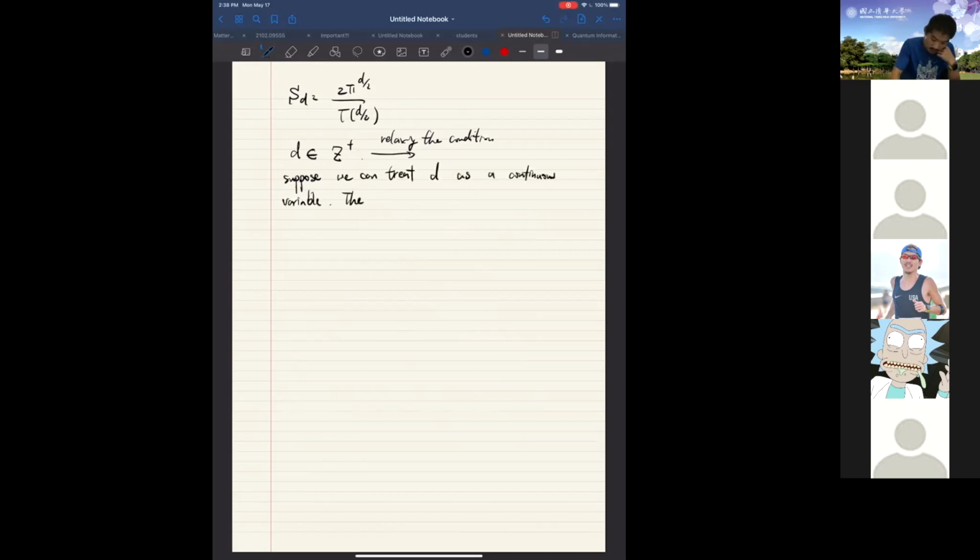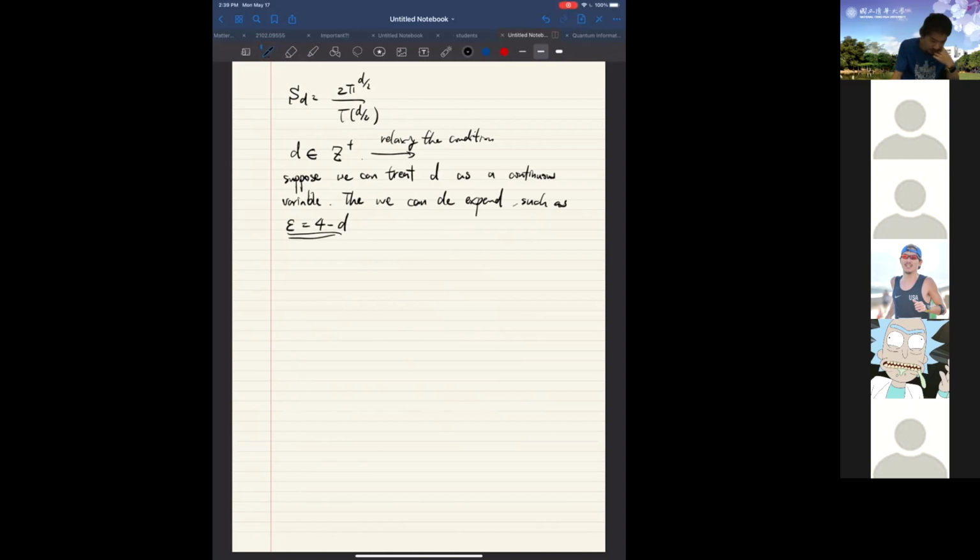Suppose I have a small variable epsilon, which is 4 minus d. This is a typical so-called 4 minus d expansion.